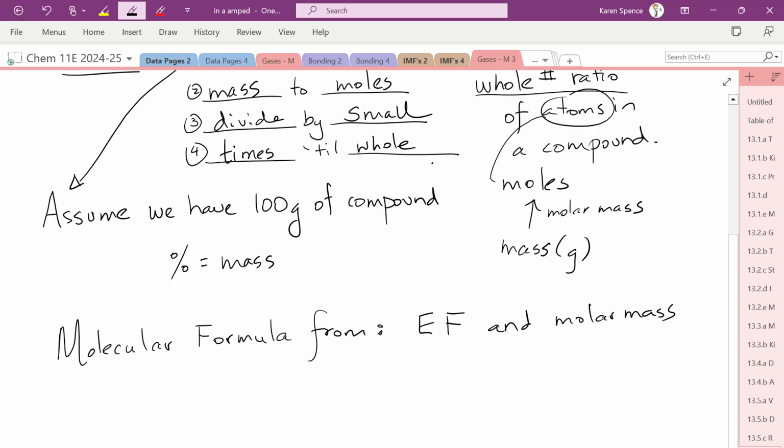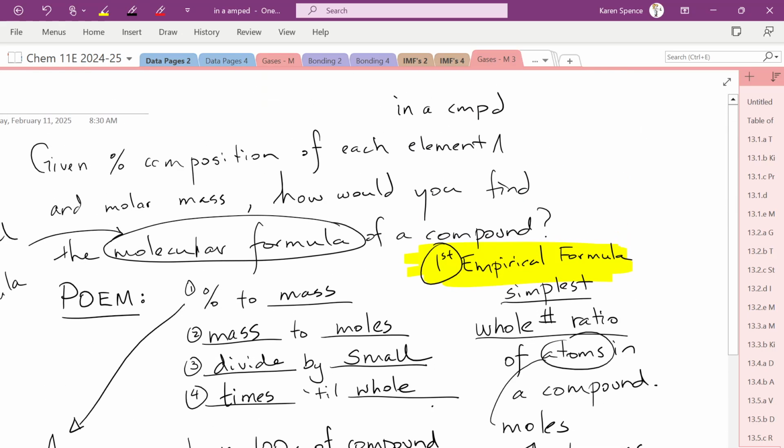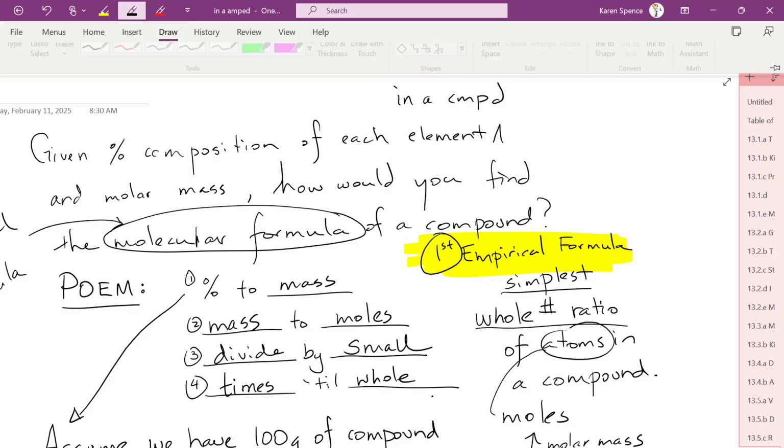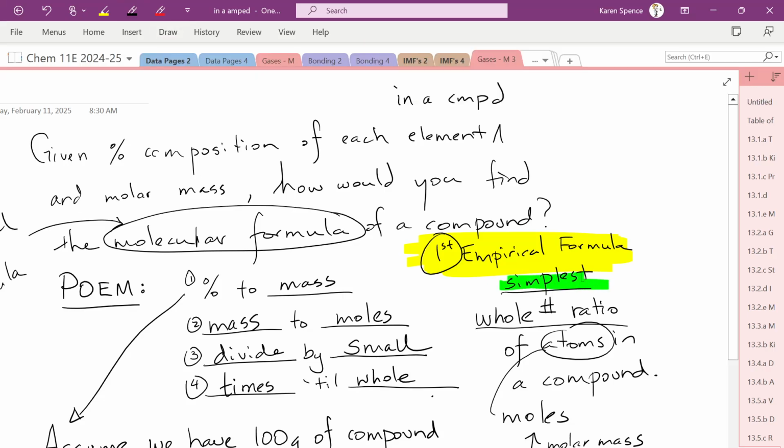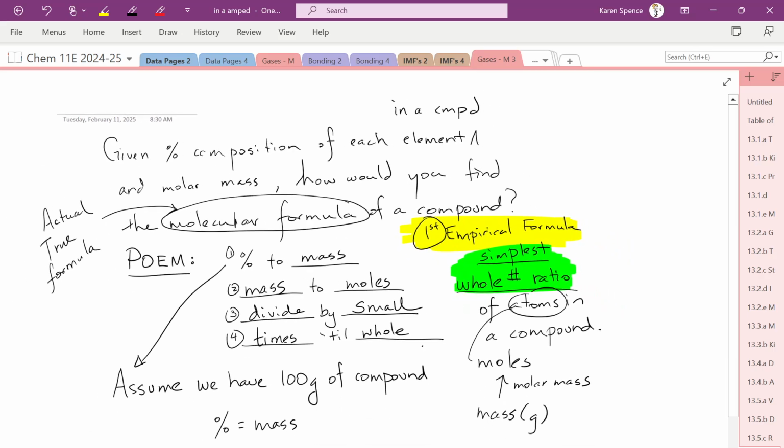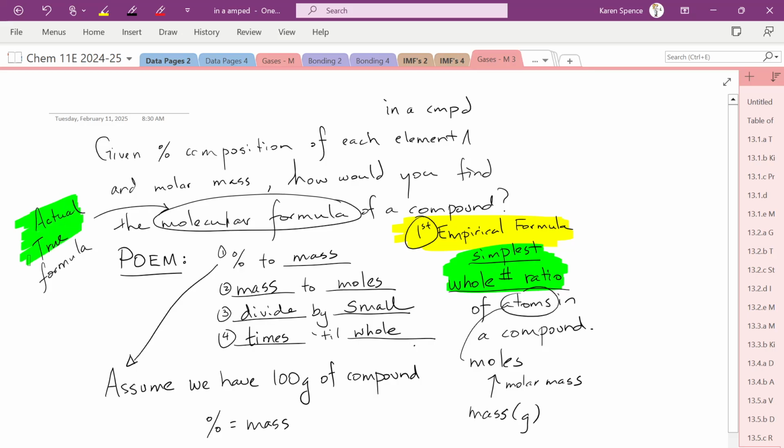Do you remember how to do that? Well, let's remind ourselves, remember the empirical formula is the simplest whole number ratio, and the molecular formula is the actual true formula.